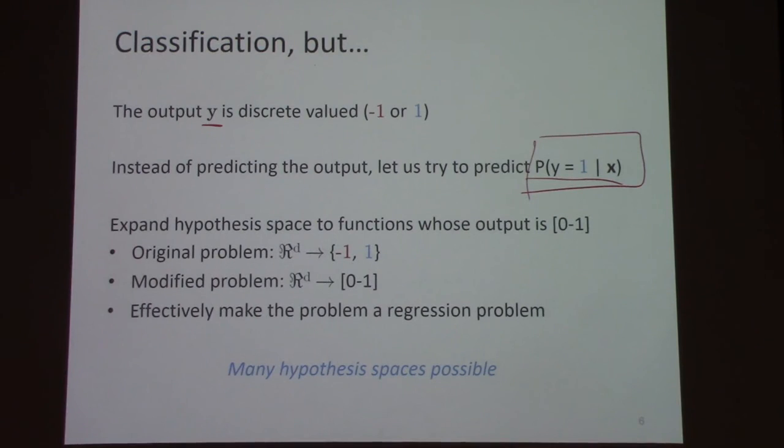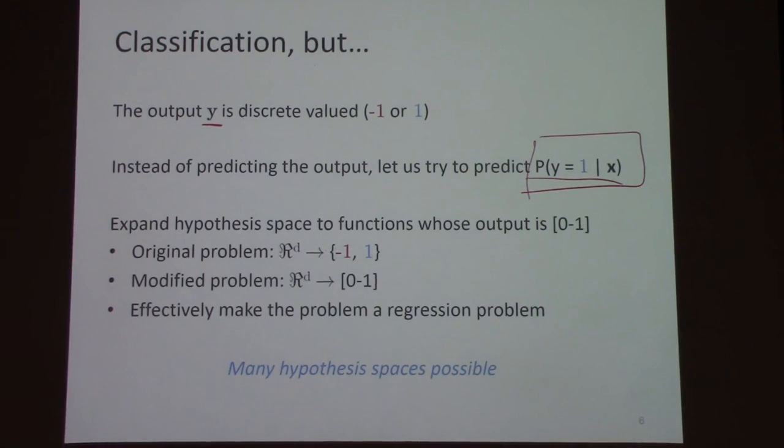A probability is a real valued function, taking values between 0 and 1. So the new problem, if I directly want to learn the probability of y equals 1 given x, is a regression problem, where the inputs are d-dimensional vectors, and the output is a number between 0 and 1. Effectively, I have converted the problem of learning a classifier into a regression problem.